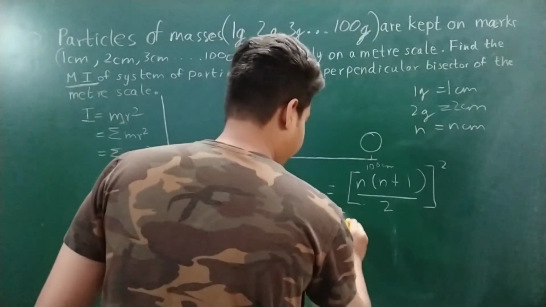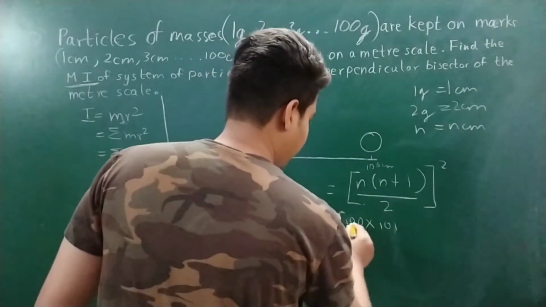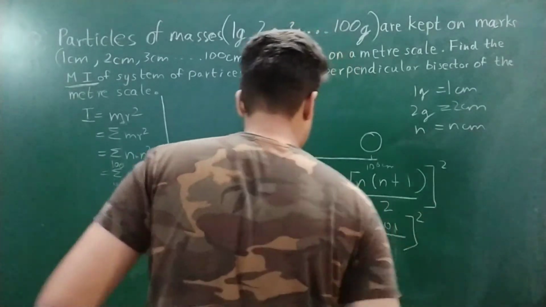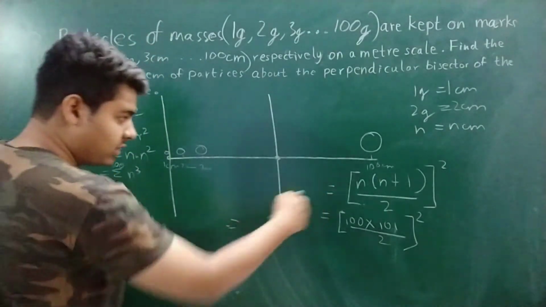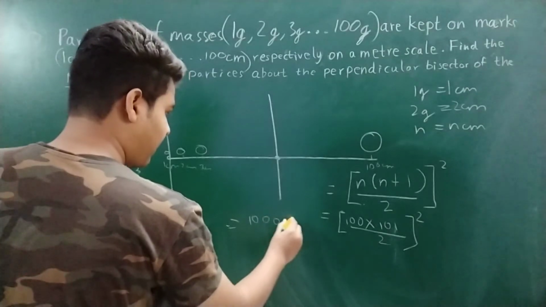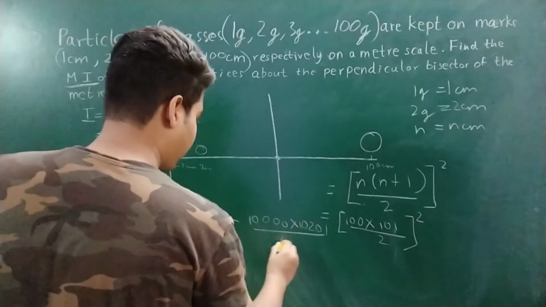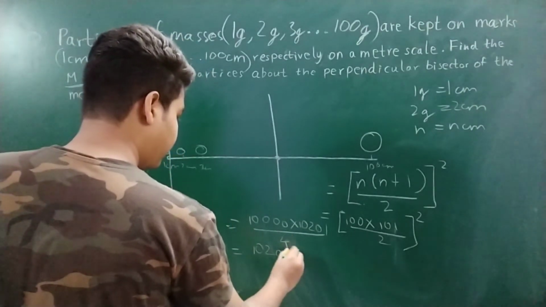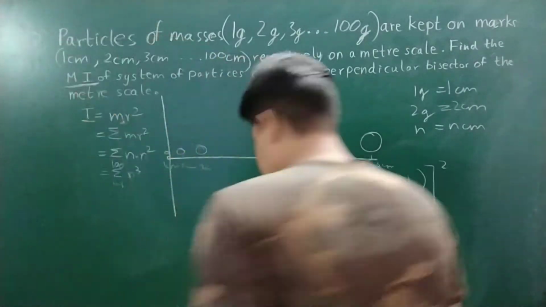It will be 100 multiplied by 100 plus 1, 101 by 2 whole square. This will further become 10,000 multiplied by 10201 upon 4.